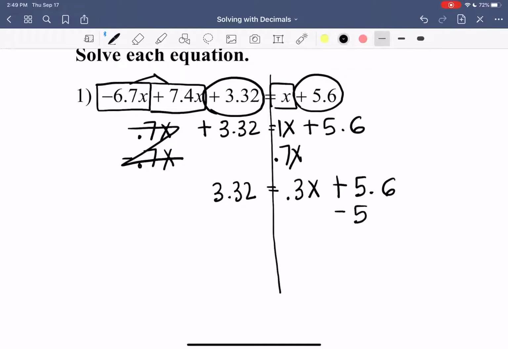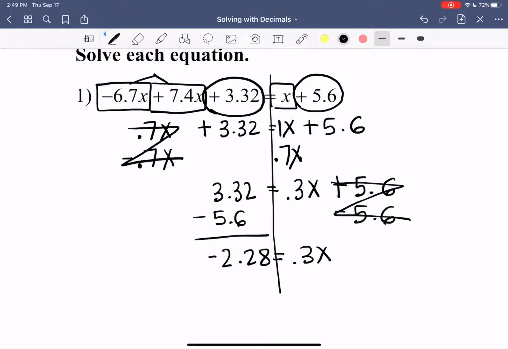We are going to change its sign and create a zero pair on this side. So in our calculator, we'll do 3.32 minus 5.6, and we're going to get a negative 2.28, and that equals 0.3x. And that's our third step.